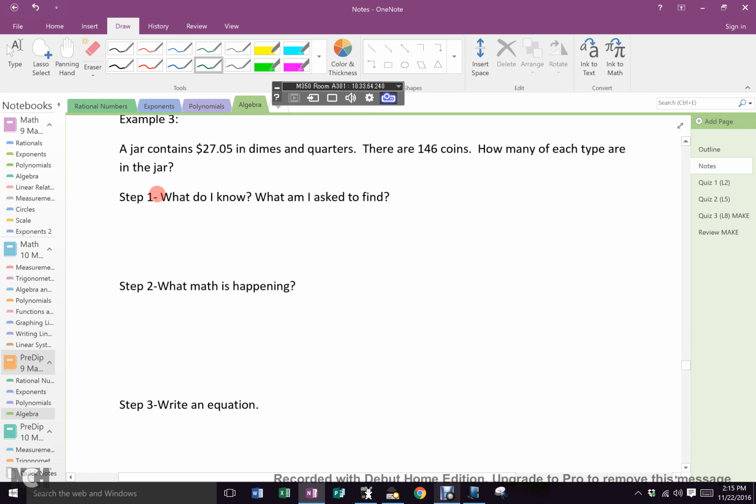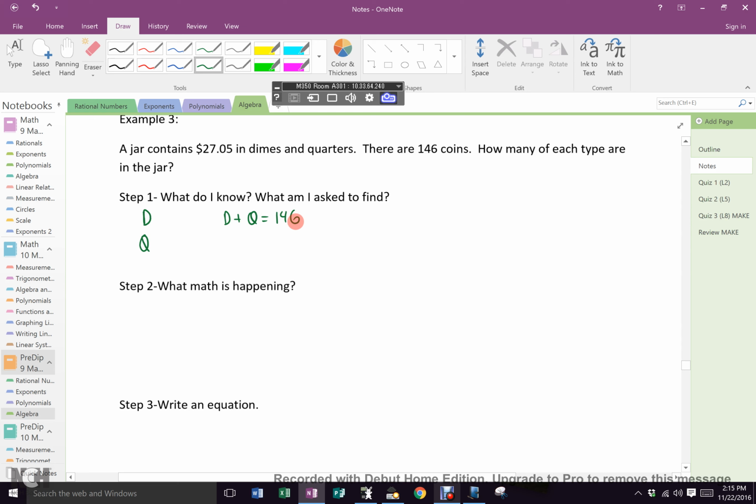Okay, so we got dimes, right? Yes. We got quarters, yes. And we got what else? We know that dimes plus quarters equals what? Equals 146. 146 coins, yes?